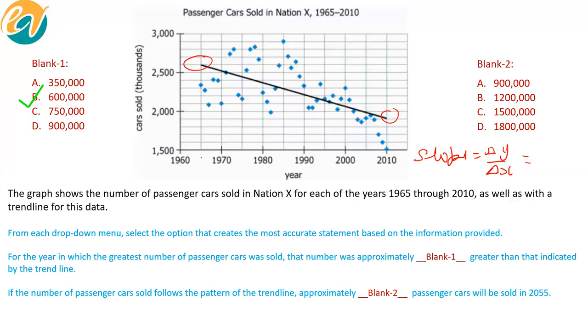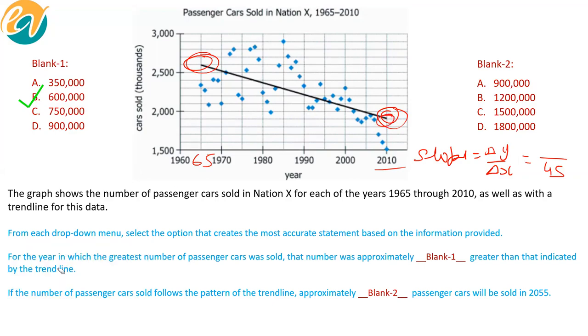This is 1965, and this is 2010. So how many years? 45 years, right? And the change in the number of cars would be how much?